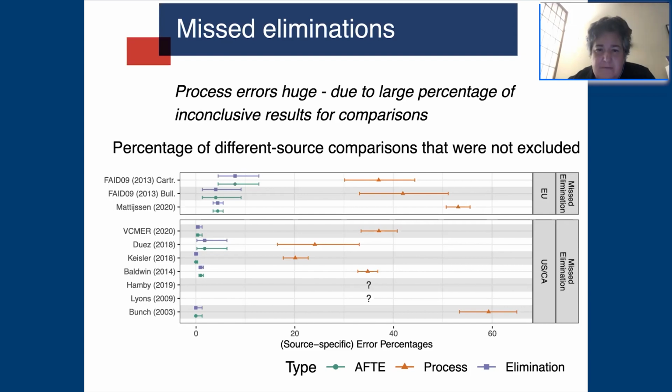So a lot of different source comparisons didn't result in eliminations or exclusions, but were called inconclusives, which is why these error rates from the process error are so high. If we count all inconclusives as elimination, you can see how those error rates go back down to match with the AFD errors, and things are siding with AFD again.